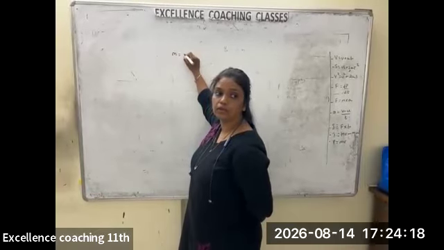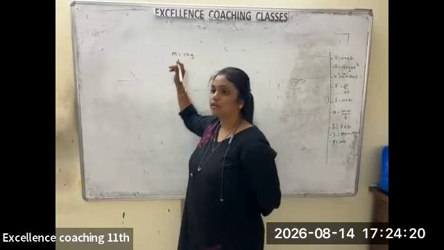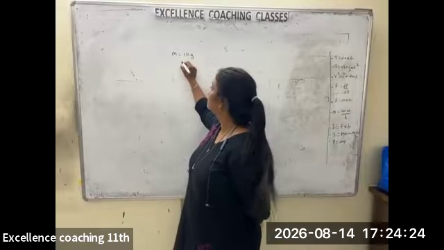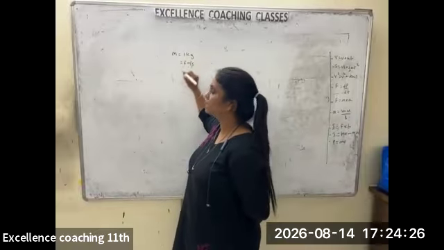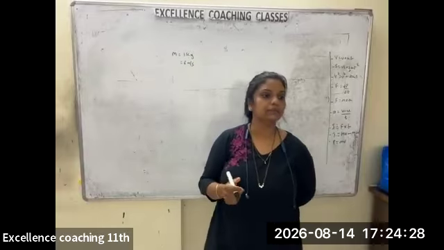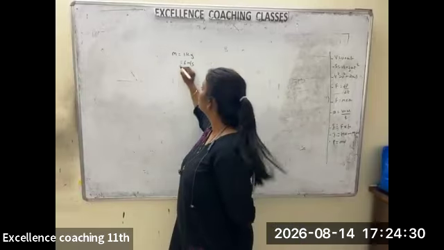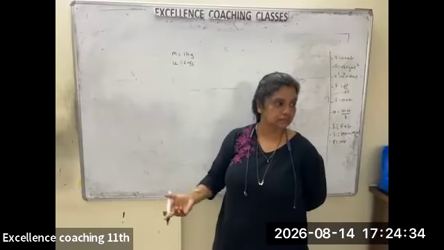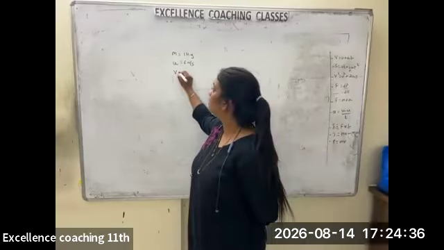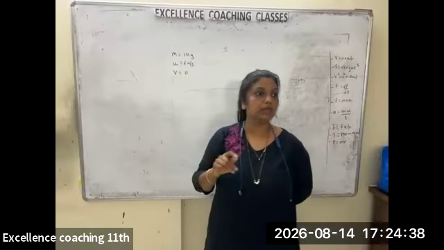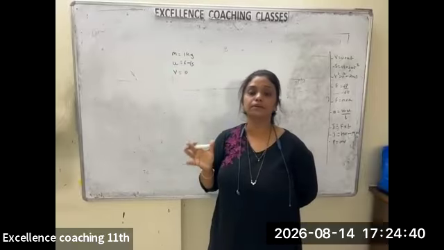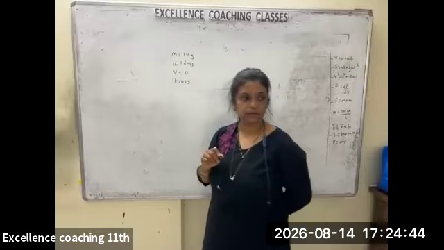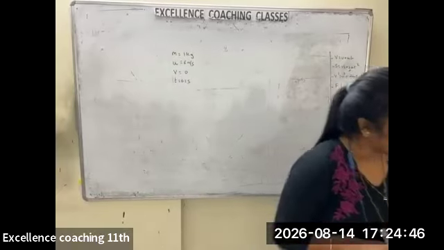How much mass? 1 kg. It was moving with how much velocity? 6 meter per second. So which velocity will it be, initial or final? It is hitting and coming to rest. Final velocity will be 0. In how much time did all this happen? 0.1 second. So this is the data given to you.